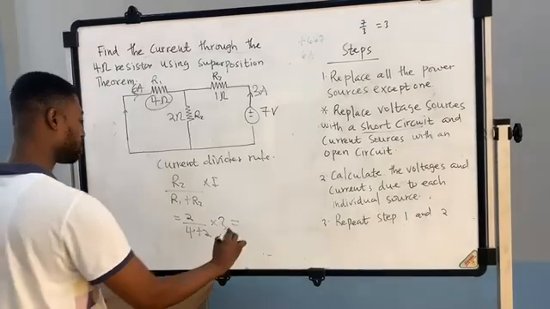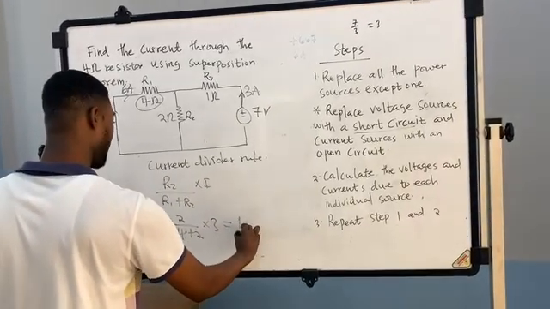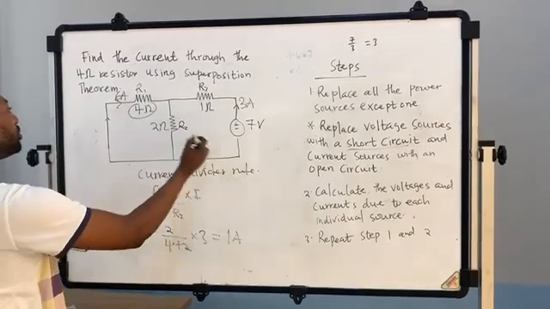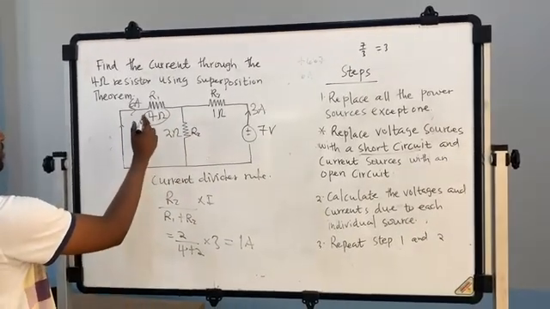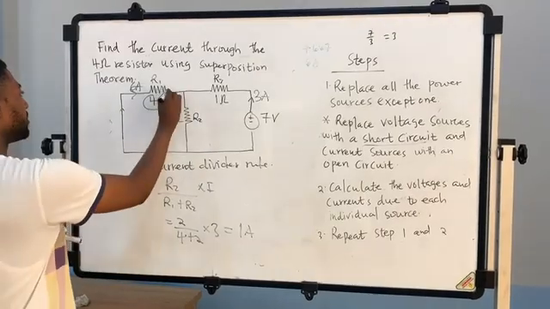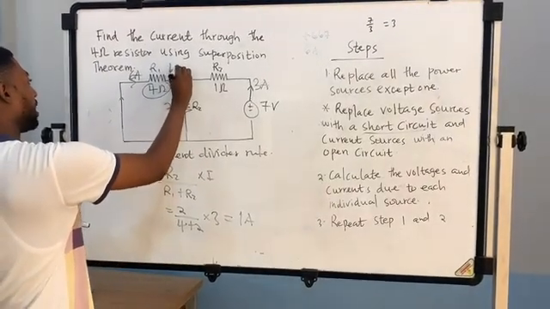And this will be equal to 1 amp. So the current flowing through resistor R1 when the 7-volt source is active is 1 amp.